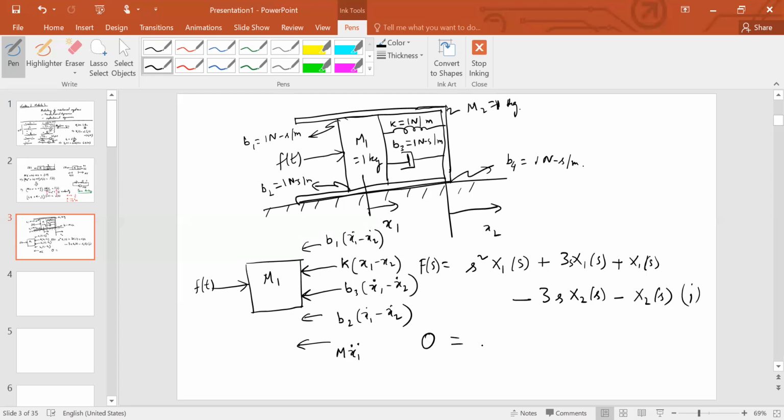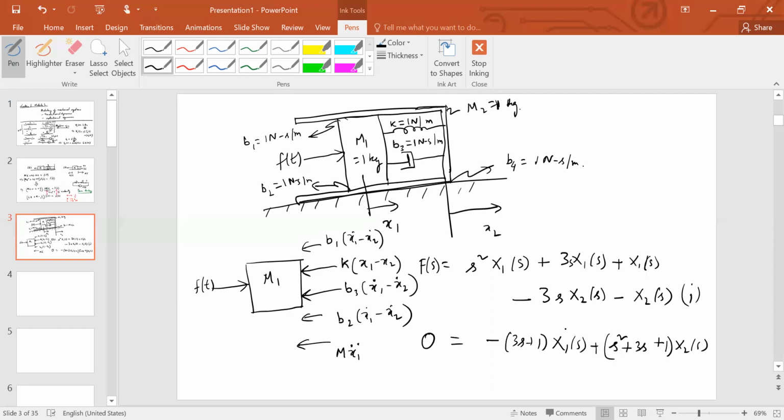So I can straight away write for mass 2, let me write s squared plus 3s, yeah, plus 1 into x2 s. These are just with the same forces acting here, but with opposite signs. So here they appear with a negative sign before x2, here they'll appear with a positive sign before x2. And for x1, there is this 3s plus 1 times x1 s.